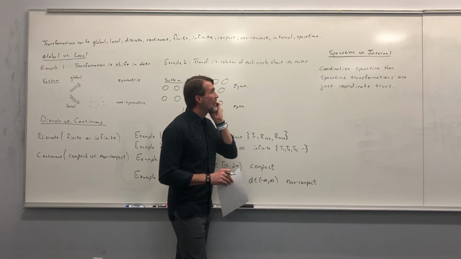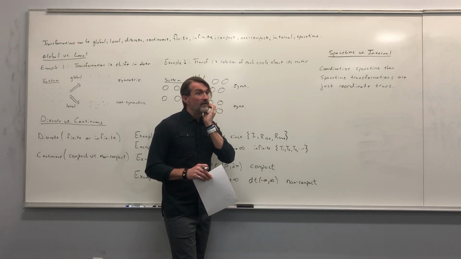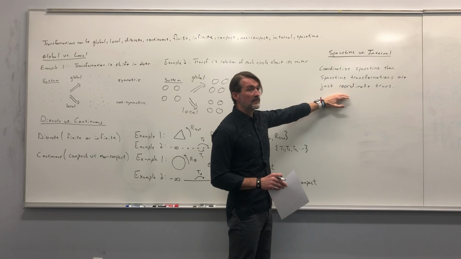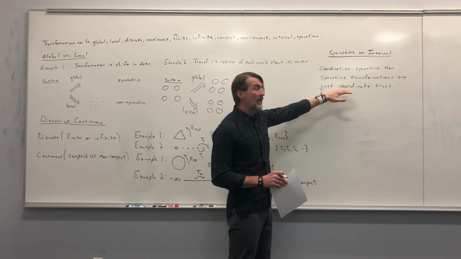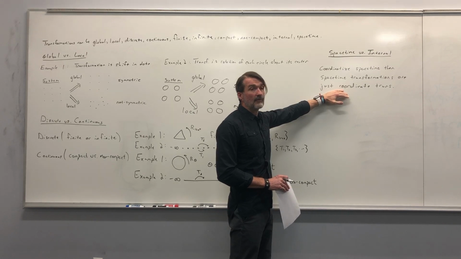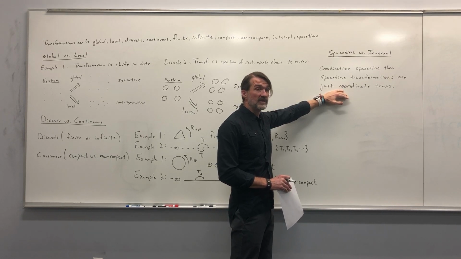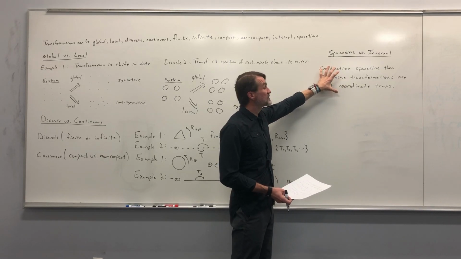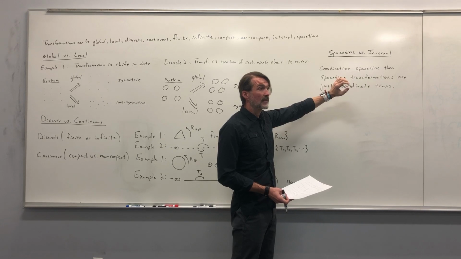Okay? Now let me tell you the roles that these will play. When we coordinatize space-time and talk about transformations of coordinates, the symmetries associated with this are what is going to give rise to special relativity. Special relativity can be formulated as a symmetric theory under space-time transformations.